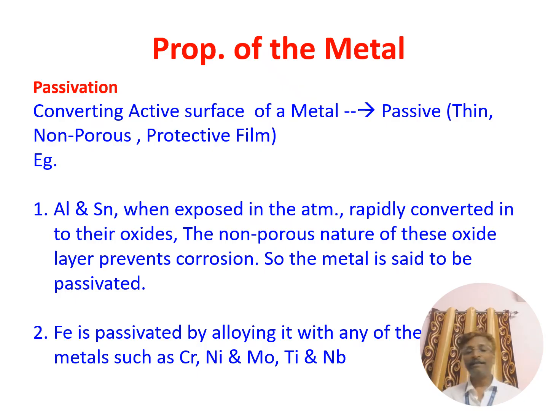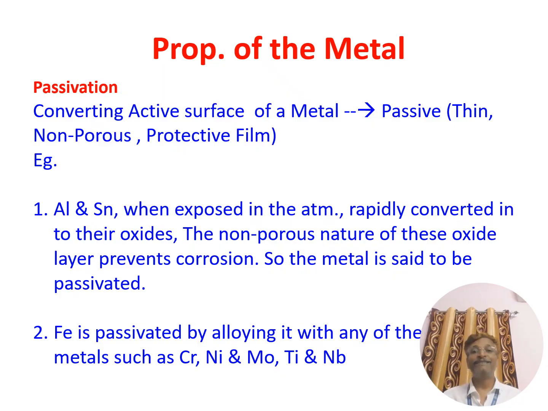Now here, the same with aluminium and tin. Both are exposed not to a chlorine medium but to the atmospheric medium, exposed in the air. So they are rapidly converted into their oxides, aluminium oxide and tin oxide. These oxides are stable and non-porous in nature.